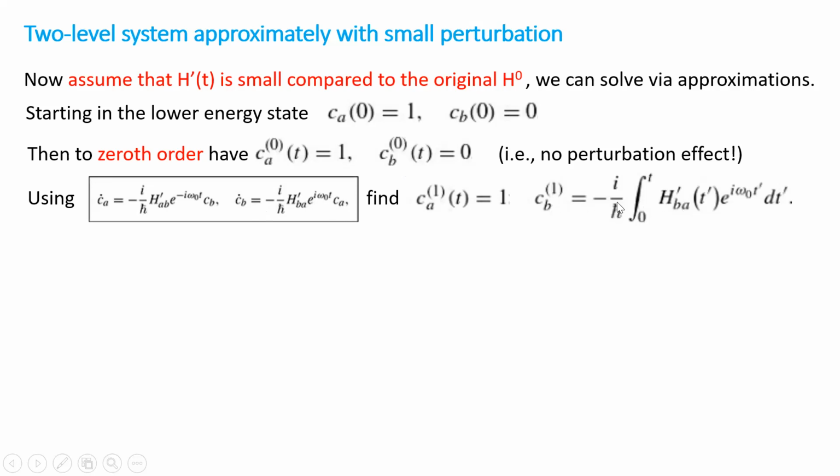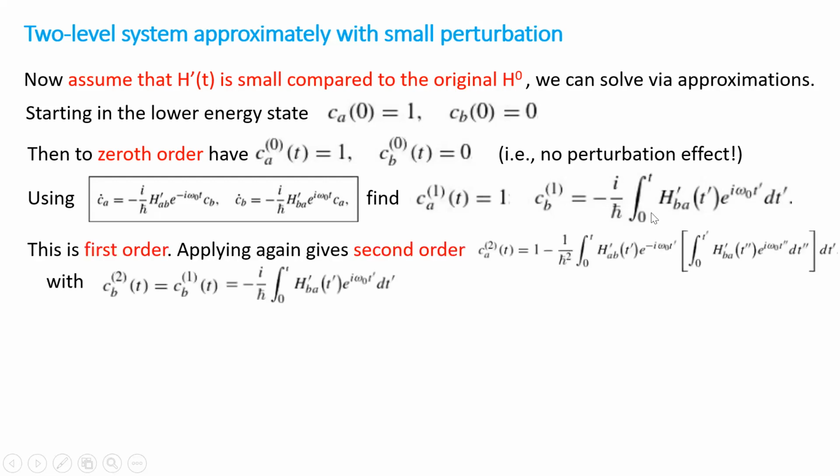We've integrated minus i over h bar, integral from 0 to t, of H_BA(t prime) e to the i omega t prime dt prime. So we've just plugged in the 0th order for Ca and Cb here, and that gives, to first order, Ca equal 1 and Cb equal this integral.